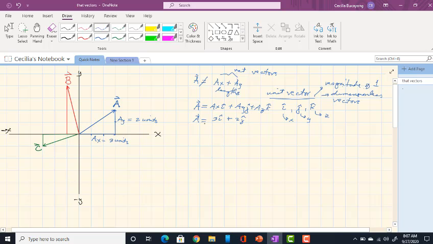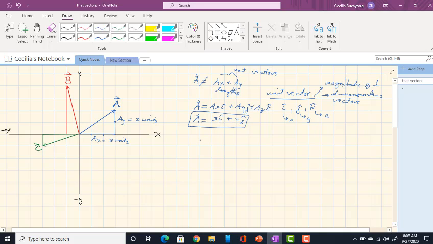Now we have expressed our vector in terms of its vector components. The 3 refers to the magnitude of our vector component along the x-axis, i hat, and 2 units for our y-axis, or the component of this vector A along the y-axis.